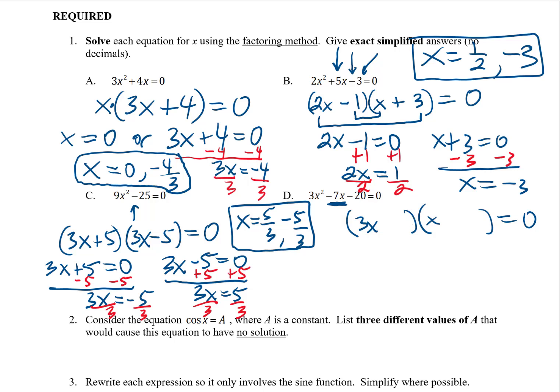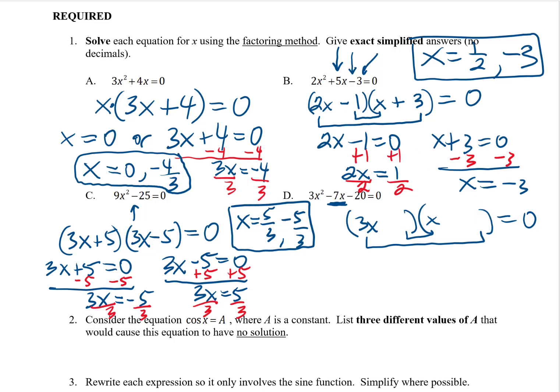Let's go the other direction. What if I did like a 4 and a 5? So if I put, say, a 4 here and a 5 here, that would give me a 15 for the outer and a 4 for the inner. I can't make a 7 out of a 4 and a 15, but I'm getting closer, and so that makes me think, what if I switch places with those two numbers?